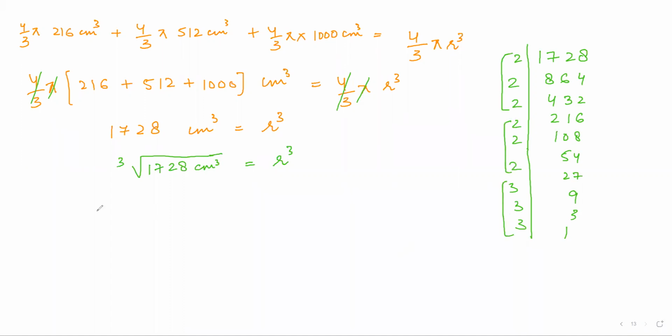So that becomes 2 into 2 into 3. And when centimeter cube comes out, it will only become centimeter. 2 into 2 is 4, 4 into 3 is 12. So 12 centimeter. Sorry, it is r only now, because I've already put the cube root sign here. So it's only r now, is equal to r.